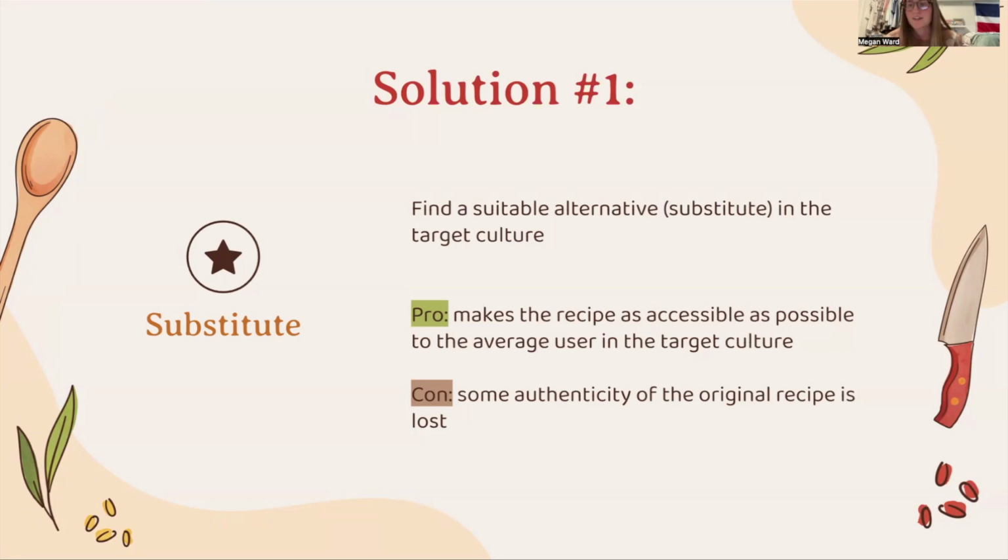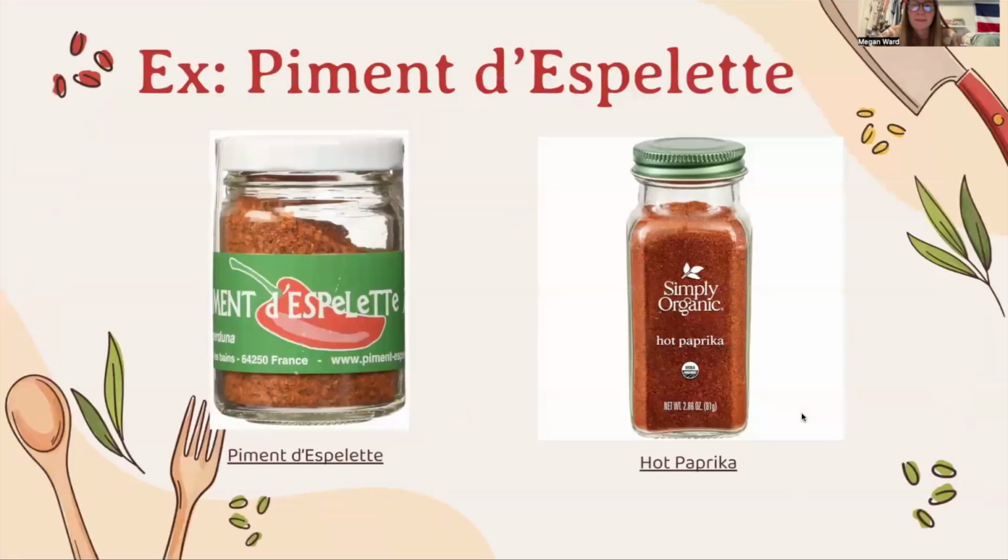But one disadvantage is that some authenticity of the original recipe is lost, which is important to some people. Another example of substitution is for piment d'Espelette. When people translate recipes from French to English, one substitute that they might use is hot paprika, which is easy to find in the US and in the UK.